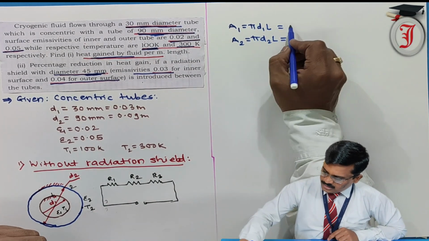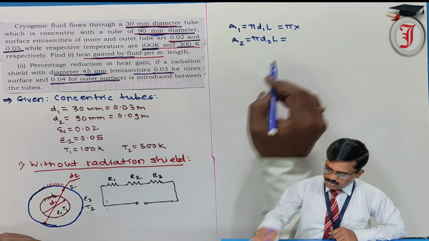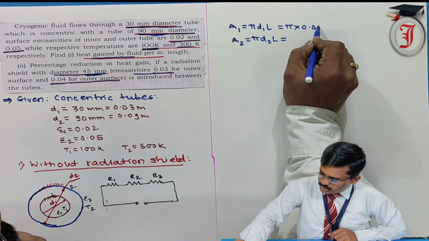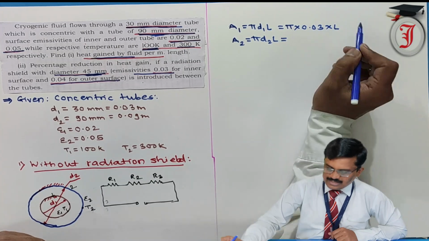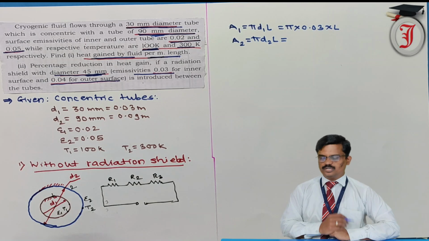We know A1 is equal to pi into diameter, 0.03, into length. Length is not given, so we have to assume per meter length.